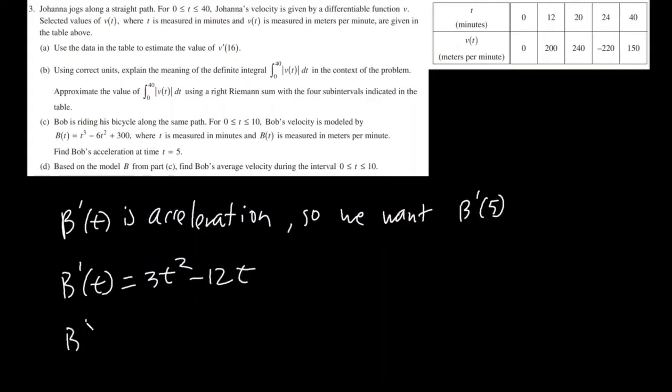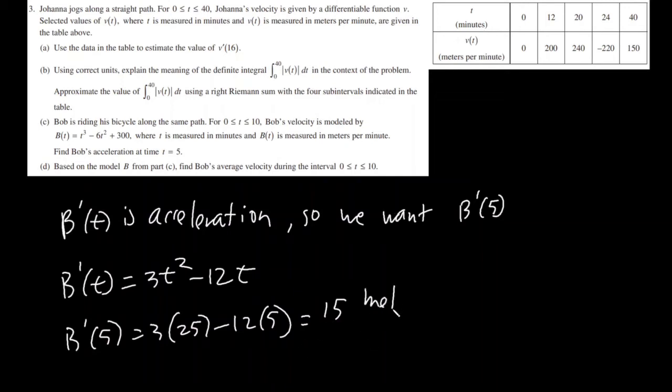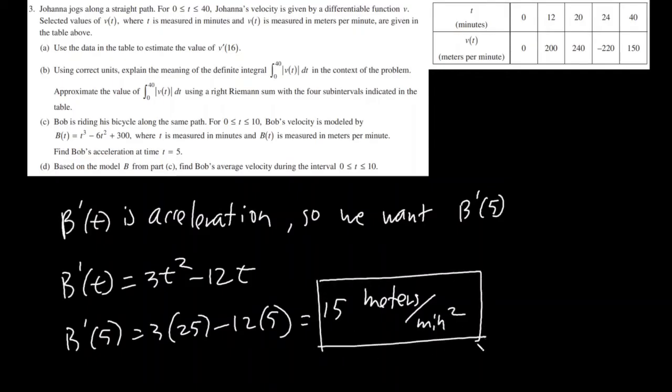So to find B prime of 5, we'll simply plug in 5 and I'll get 3 times 25 minus 12 times 5, which is 75 minus 60, which is 15. And then the units are going to be the units for velocity over the units for time. Like we did last time, it's going to be meters per square minute.